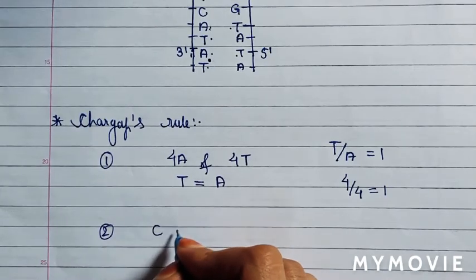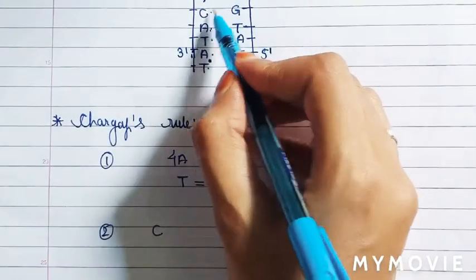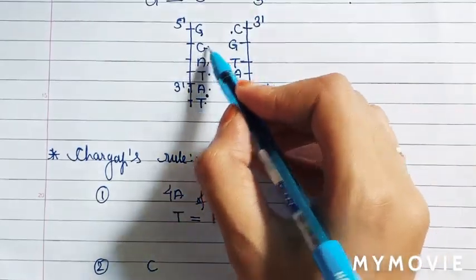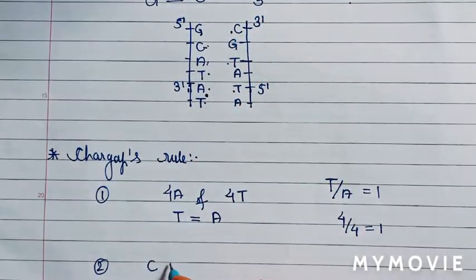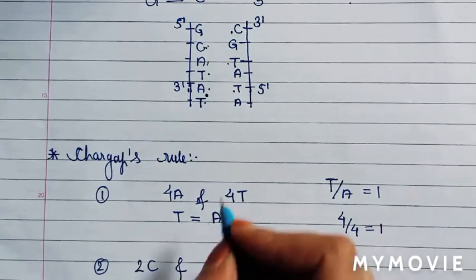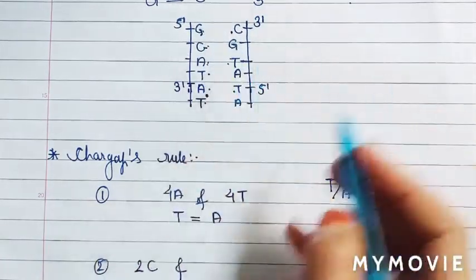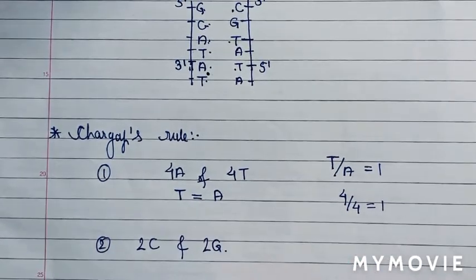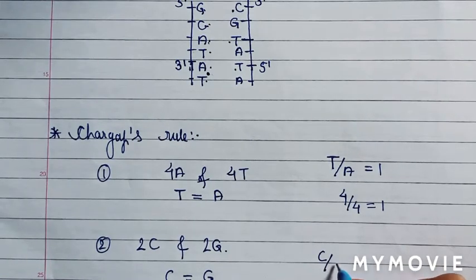Here you can see the number of cytosine: 1, 2. There were 2 cytosine and 2 guanine. So cytosine is equal to guanine, and cytosine divided by guanine is equal to 1.